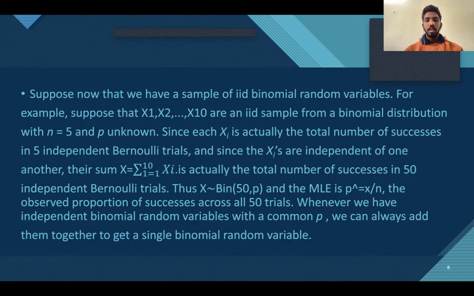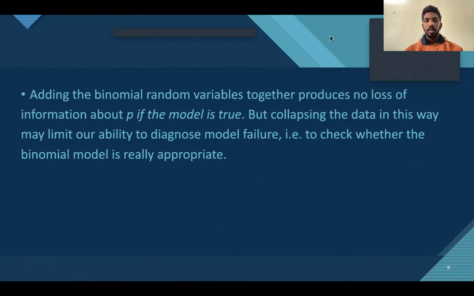Thus x is distributed binomial(50, p), and the MLE is p hat equal to x by n, the observed proportion of successes across all 50 trials. Whenever we have independent binomial random variables with a common p, we can always add them together to get a single binomial random variable.